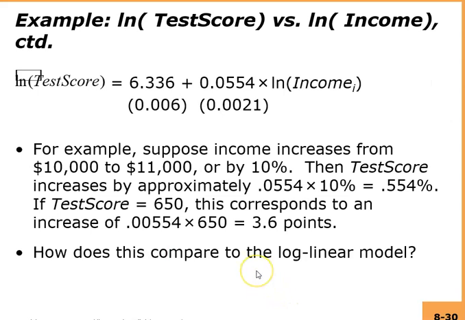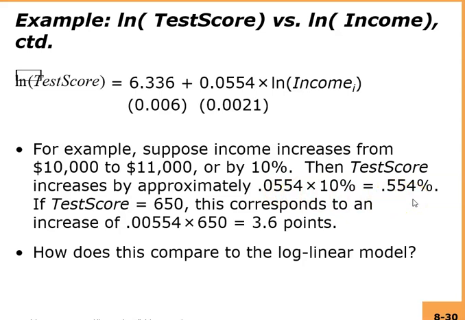So if, for example, the income increases from 10,000 to 11,000, which means that the percentage change will be 10%, then the test scores will increase by 10% multiplied by 0.0554, meaning 0.554%.